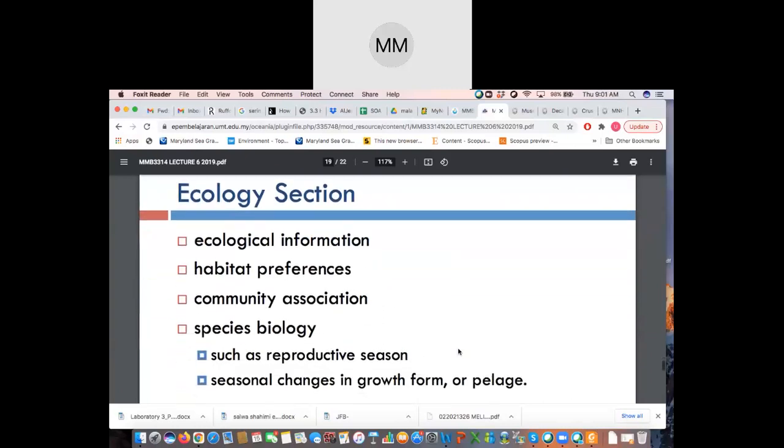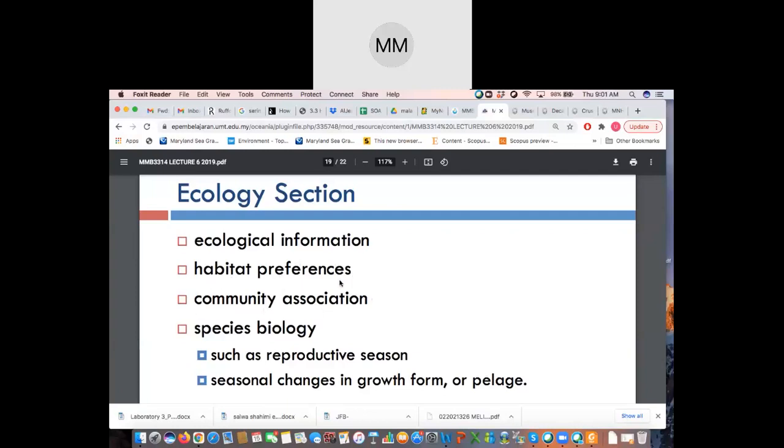And then when you're coming to the ecology section, again, we are not ecologists, but we help ecologists with some form of information with this work. So we give other ecological information such as the habitat preference, and whether there is any community association.